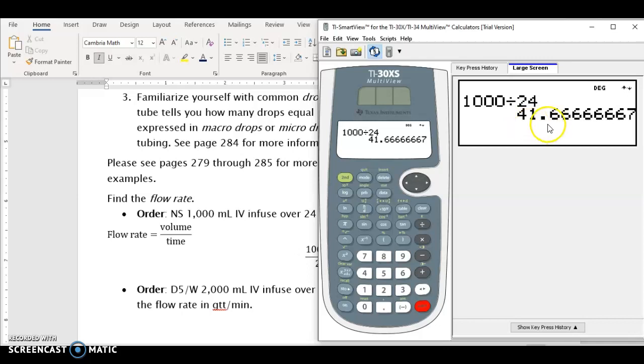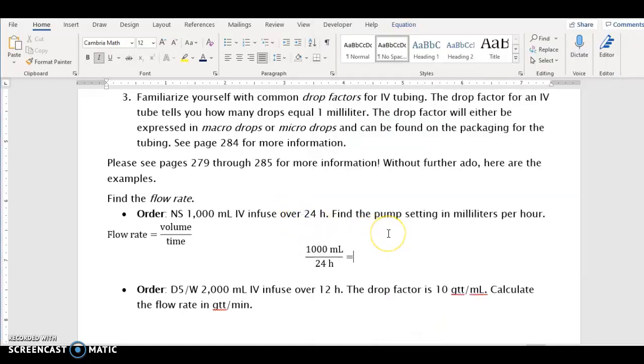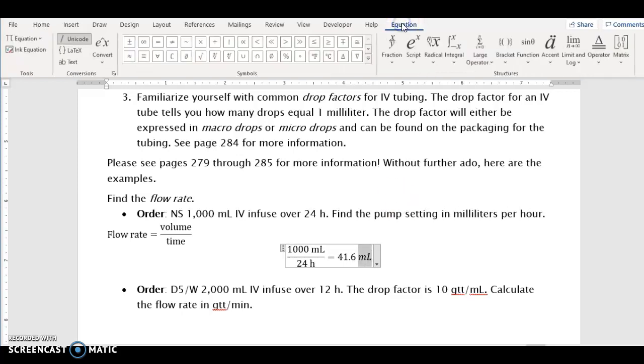So the approximate flow rate, rounded to the nearest whole number, would be about 42 milliliters per hour. Now, in some cases, you can round to the nearest tenth. So either 41.6 milliliters per hour or 42 milliliters per hour would be the flow rate.